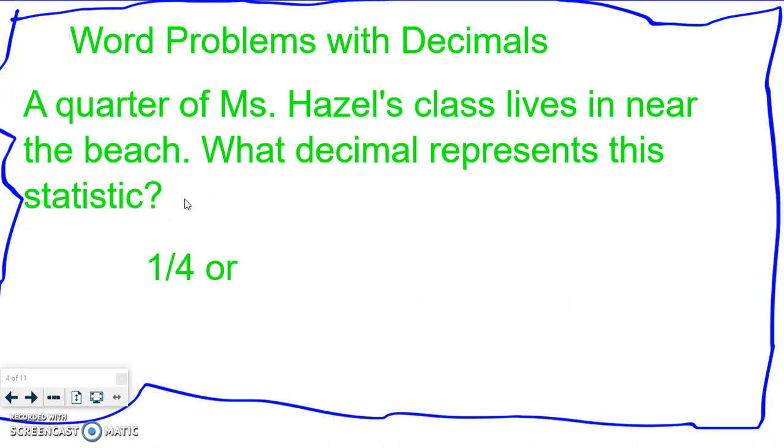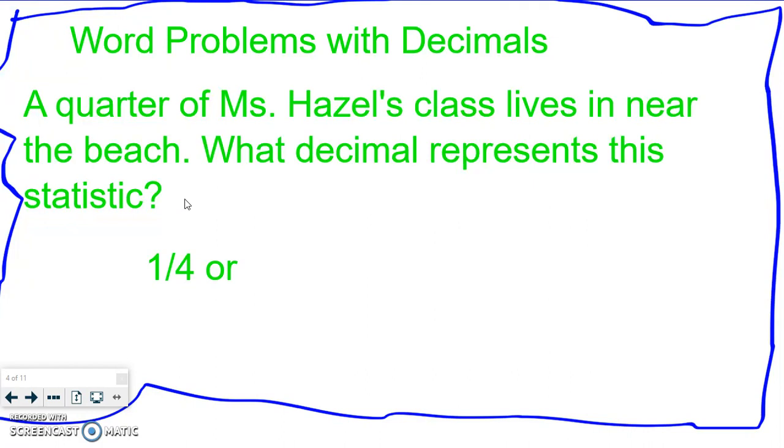Alright, so let's take a look at a word problem. So you have a quarter of Miss Hazel's class. They live near the beach. So what decimal represents this statistic? We have 1/4, or how do you put that in decimal form?